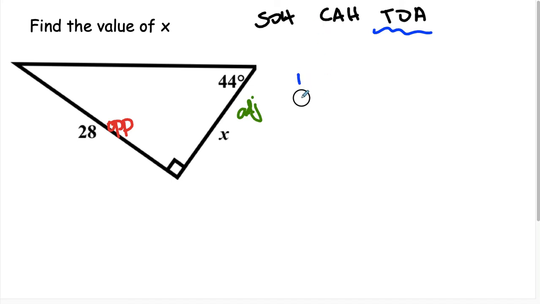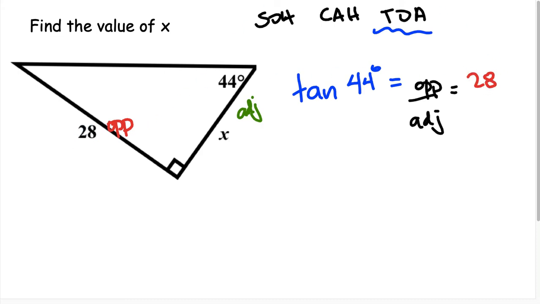Let's use blue. Tangent of 44 degrees is equal to its opposite side over adjacent. Now we label the opposite side as 28 and the adjacent as x. That step is very important, as well as picking which trigonometric ratio to use.